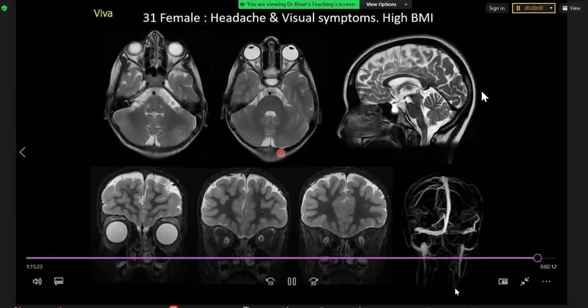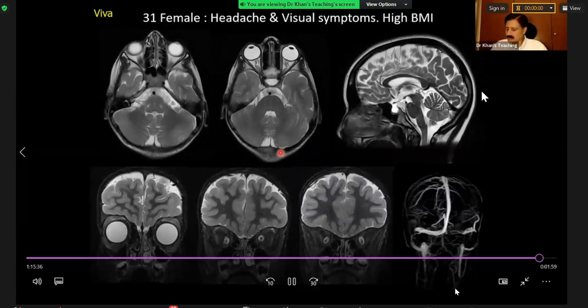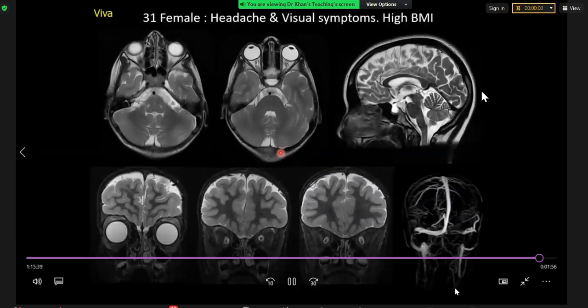And then if we look on the sagittal sequence, there's an appearance of an empty sella, presumably because of pituitary compression due to the intracranial hypertension. And what's happening on the venogram? So the venogram is demonstrating reduced signal in the region of the left transverse sinus, which might indicate venous compression.